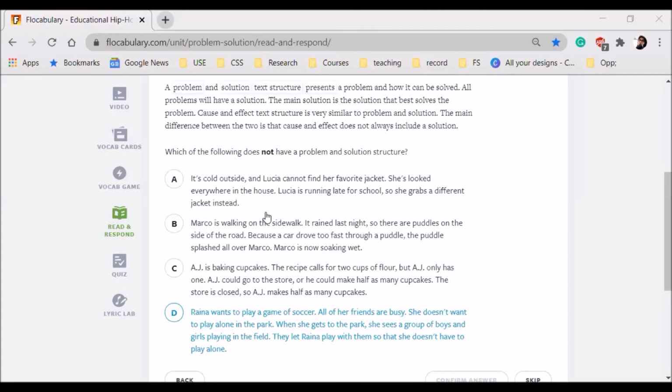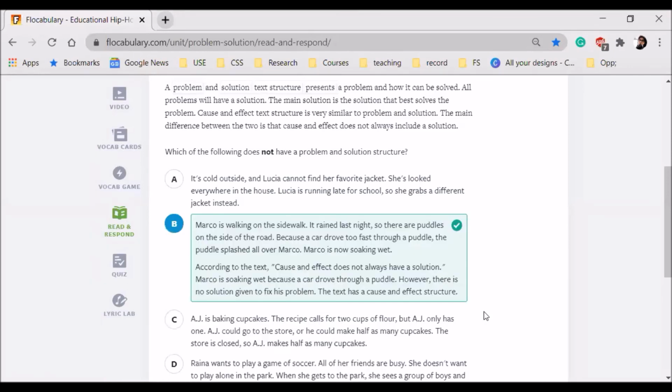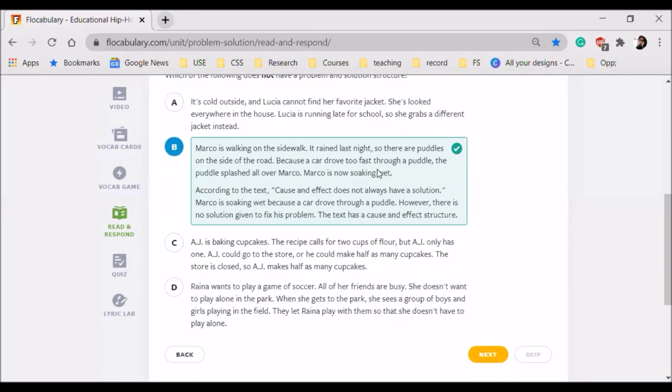Who thinks it's C? AG is baking cupcakes and then the store is closed, so AG makes half as many cupcakes. So again, this is kind of a solution. But I think it would be B, because Marco is walking on the sidewalk and now he is getting wet. So B is the right answer, because it does not propose a solution.